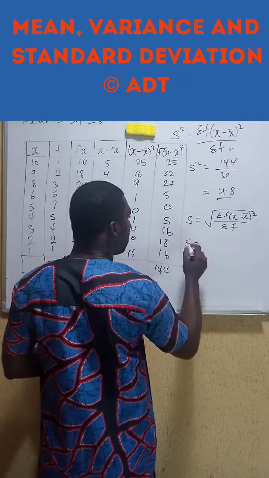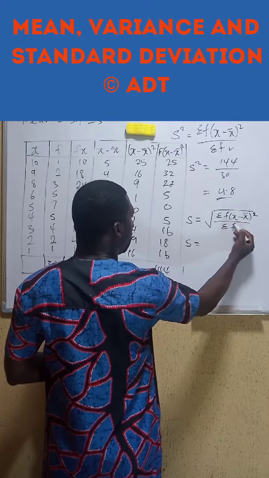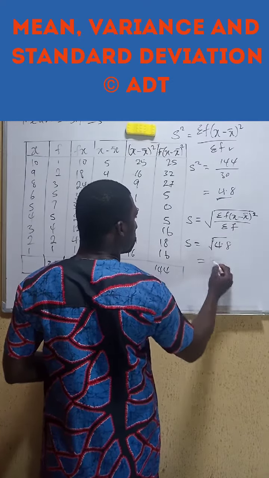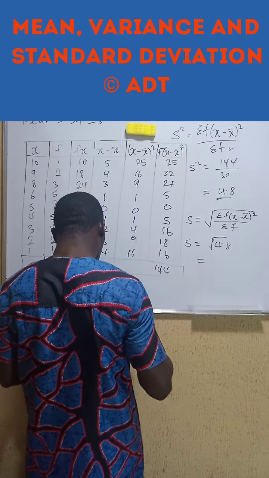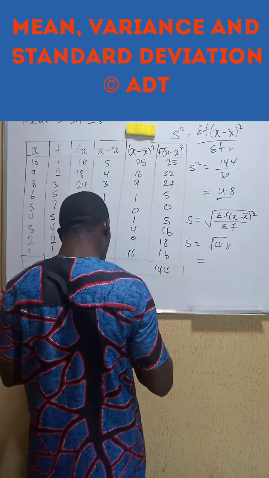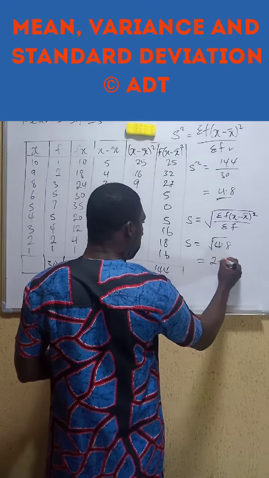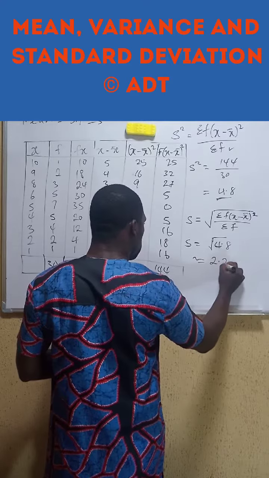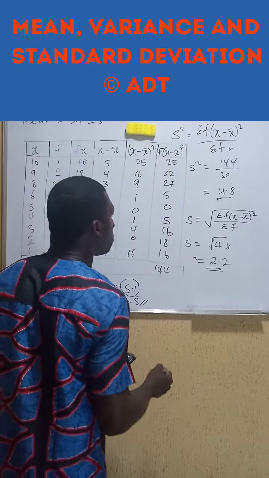If we apply that, it's just to take the square root of this, because we've already found this. So you take the square root of 4.8, and the square root of 4.8 is approximately 2.2. So that's how you go about it.